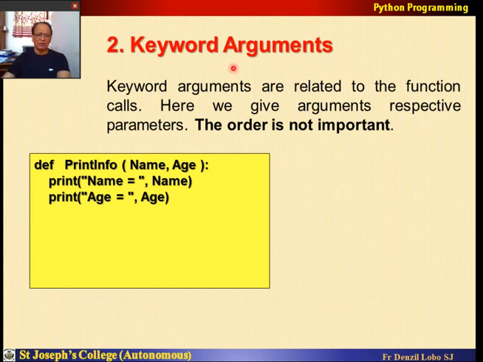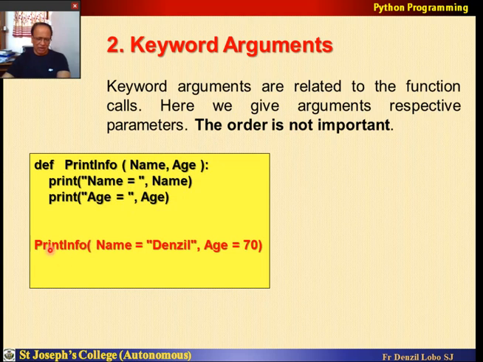Let us get into what is called the keyword arguments. Keyword arguments are related to the function calls. Here we give arguments to respective parameters. So let us see, order is not important. Let us check and see. So I've got 2 parameters here, name and age, and I'm going to print this name and age.